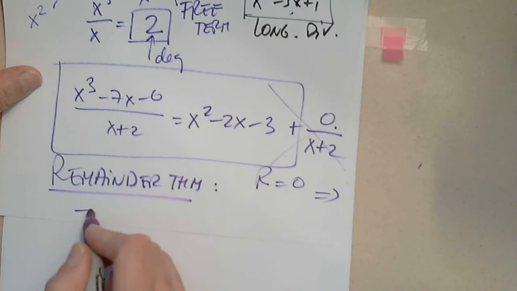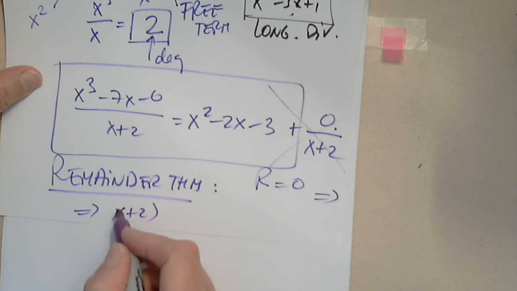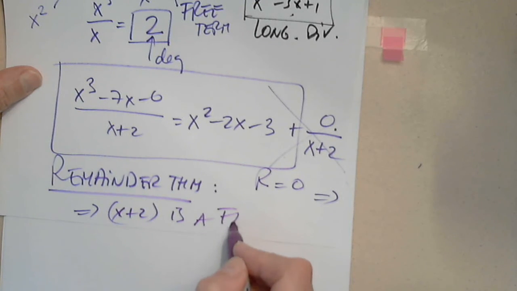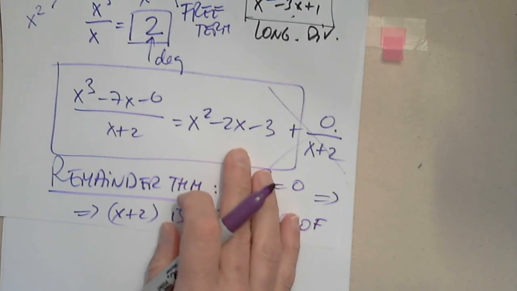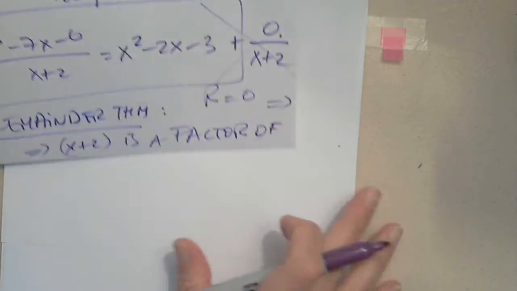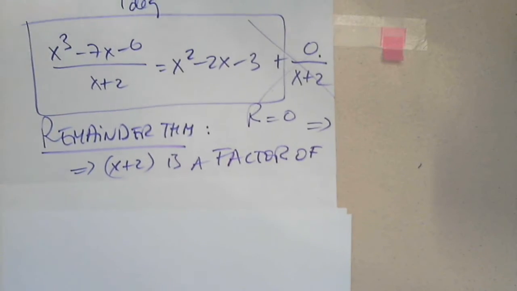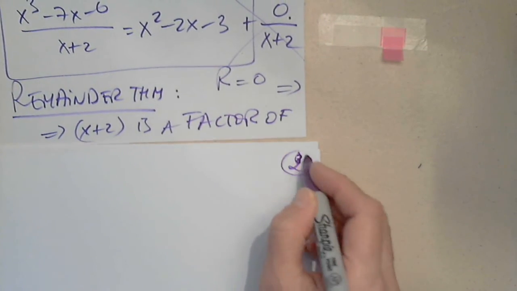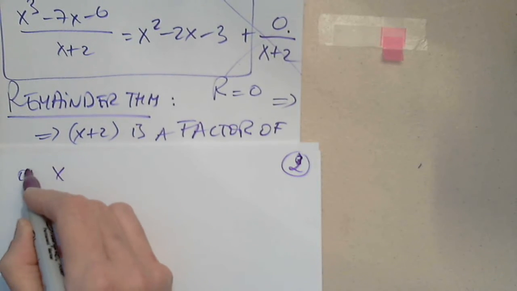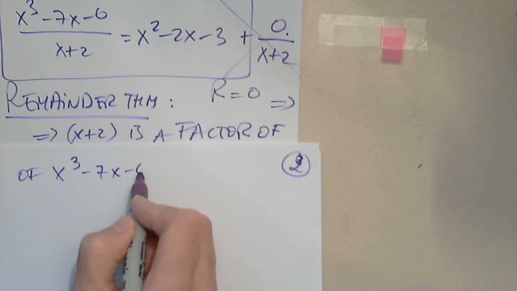So therefore, x plus 2 is a factor of, tell me if I'm not in range when I write here. So if you can see, please stop me anytime, okay? So this is the factor of x cubed minus 7x minus 6.